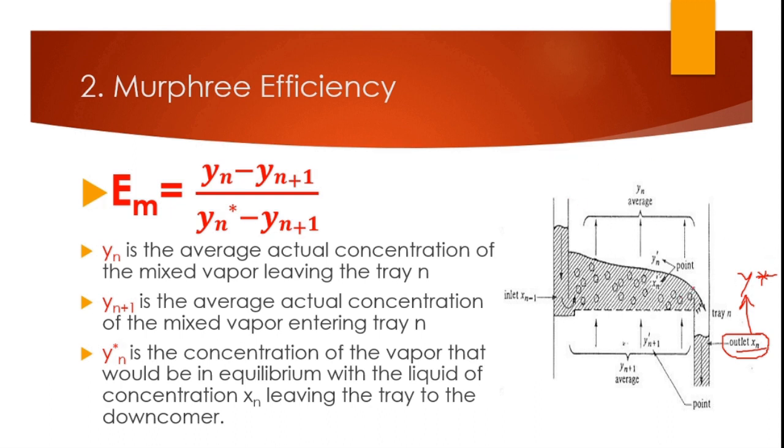So that is what y star over here is, corresponding to the outlet xn, not any xn on the tray but the outlet xn. That is very important. That is what yn star is. It has to be found out from the tables, or in exams and GATE it will be given to you in most cases. Now let's proceed.